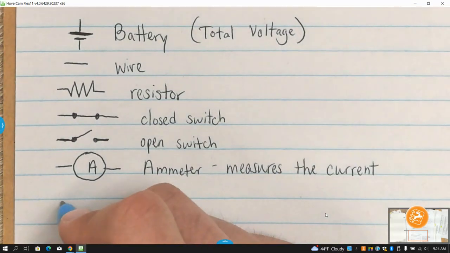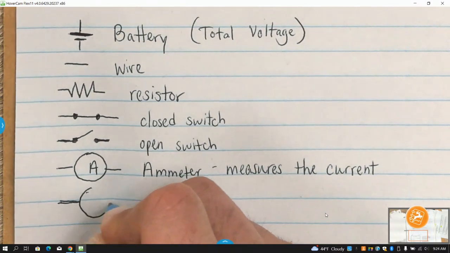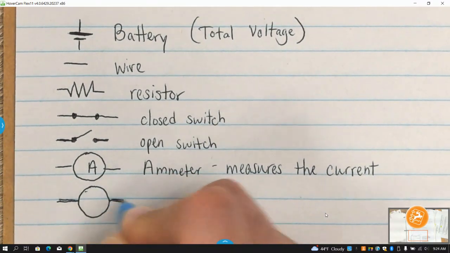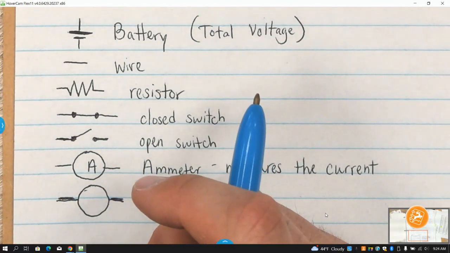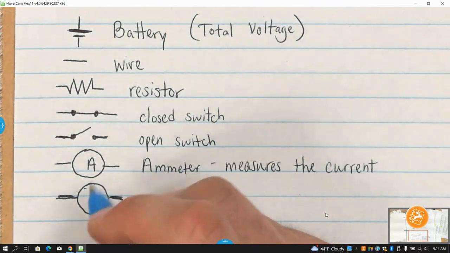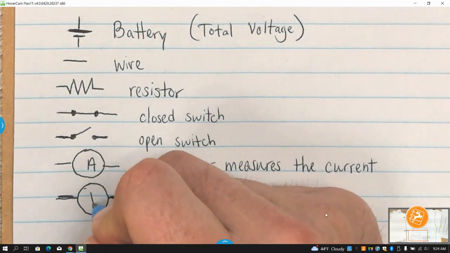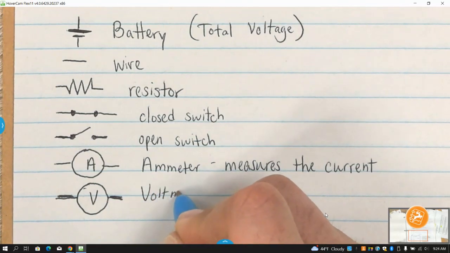And then the other one that we'll commonly see, we're just doing the basics. We're not going into crazy stuff. We're not going to really deal with fuses, capacitors, capacitance, diodes, or anything like that. V, this is a voltmeter.